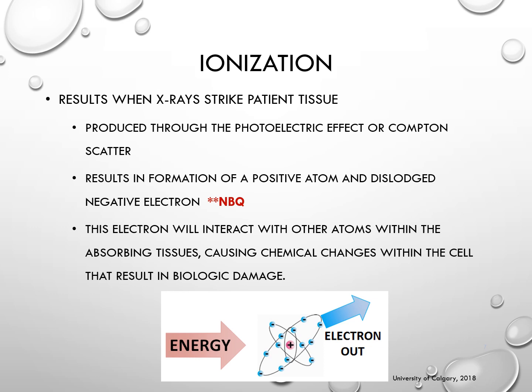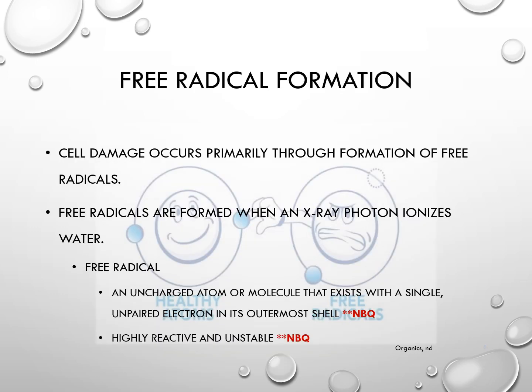The atom itself becomes the positive ion and the ejected electron becomes the negative ion. This electron then interacts with other atoms within this tissue. Sometimes it gets reabsorbed back into the atom that it was ejected from. Sometimes it gets absorbed by other atoms, and sometimes it knocks electrons off of another atom's electron shell. And so we're going to get more into this.